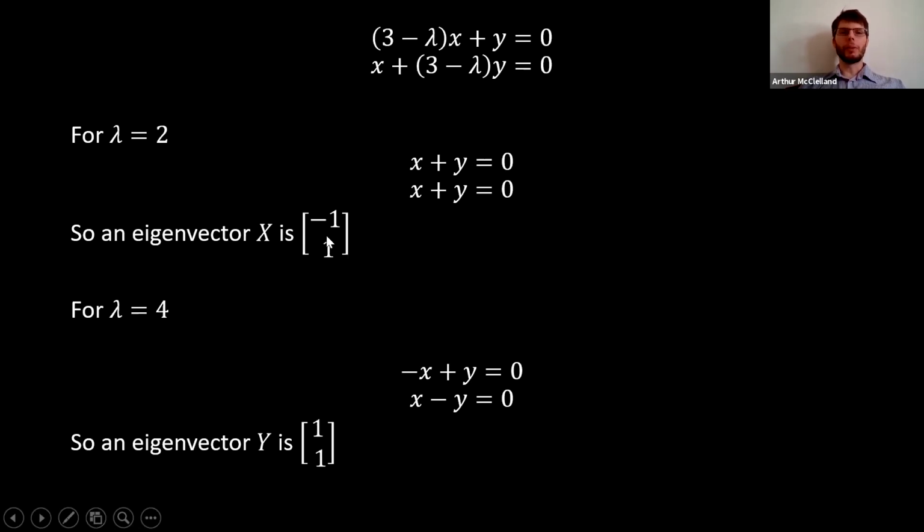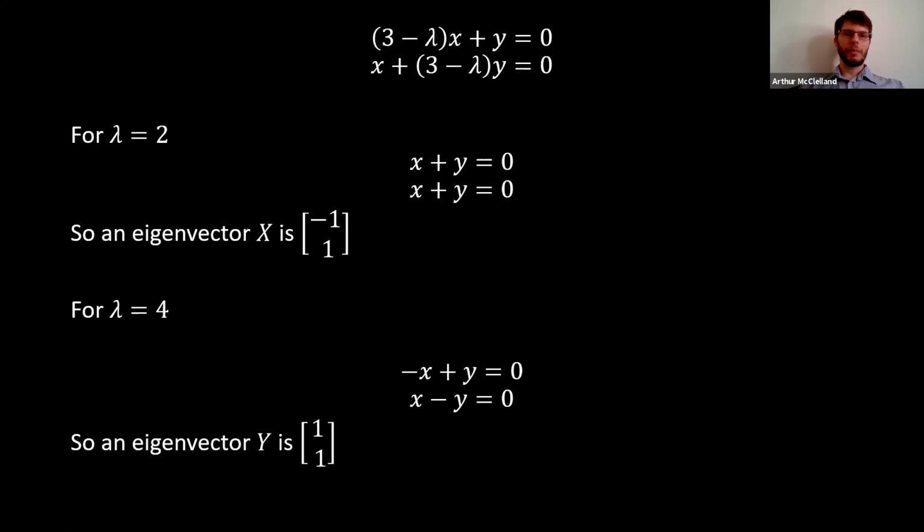But that's not the only solution. You could have 2 and -2. 2 plus -2 equals 0. So you can have a bunch of different eigenvectors that all correspond to this eigenvalue. This is where the eigenvector is not unique, and there's a lot of indeterminacy to it.